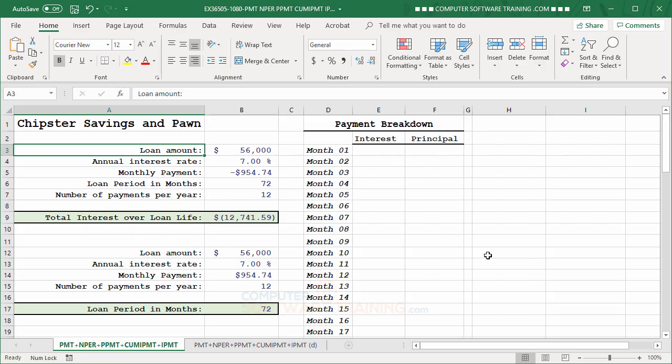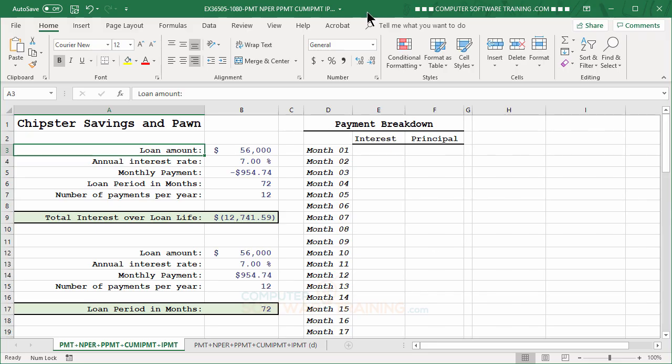A lot of people don't really think about that, but what it means is that you're going to have a very high number here in the very beginning, which will decrease as time goes on. And you're going to have a very low number here, which will increase as time goes on. So it's interesting to see what those numbers are.